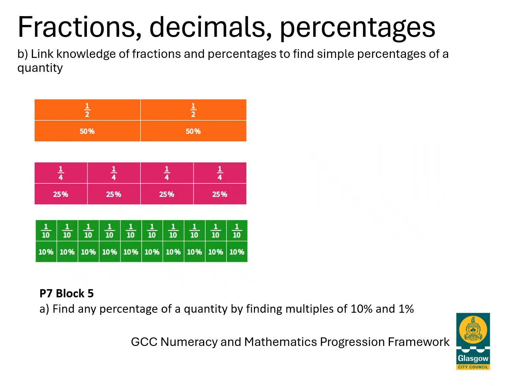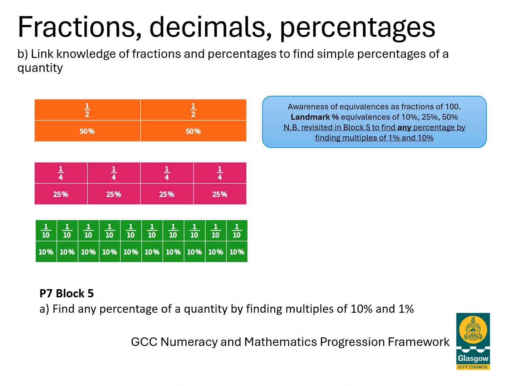We're also in this block linking what we know about fractions to percentages. We have introduced very familiar percentages by now, so they are aware of a half being the same as 50%, quarters being 25%, and tenths being 10%. We've visited that before in primary 6.